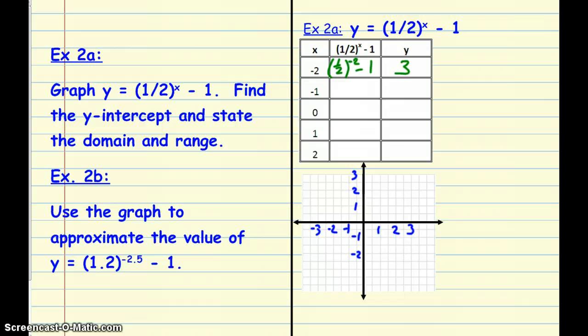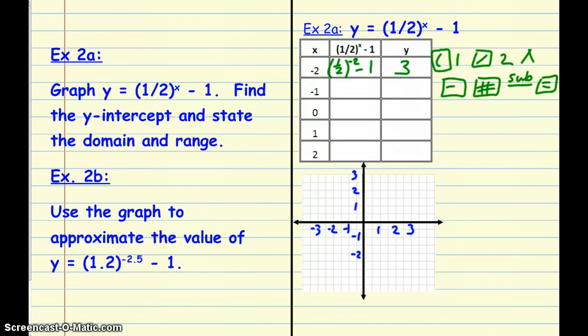Now I should also remind you to type this into your calculator: use the parentheses key, your 1 key, the division symbol, 2, caret key, negative, and then whatever your number is, and then you can do subtraction and hit equals, and you should get these values.